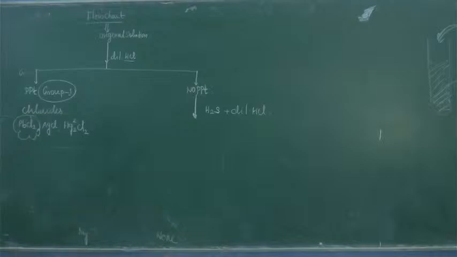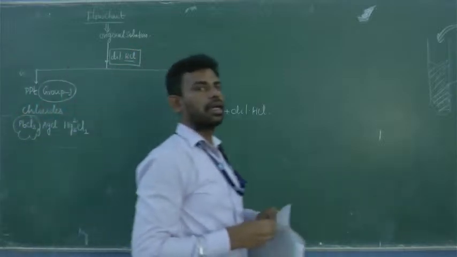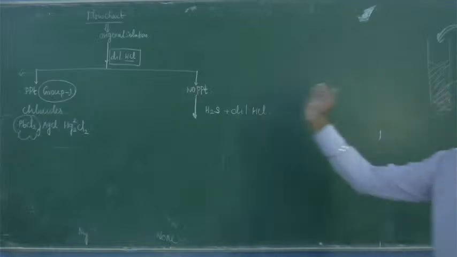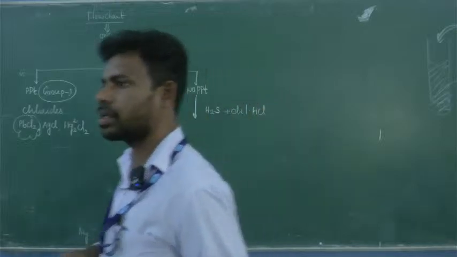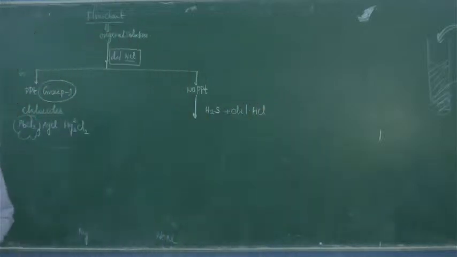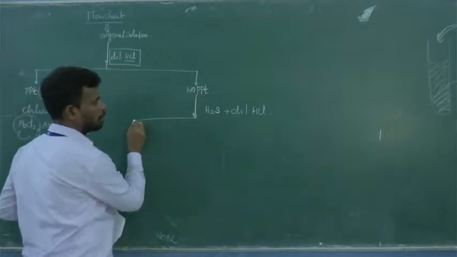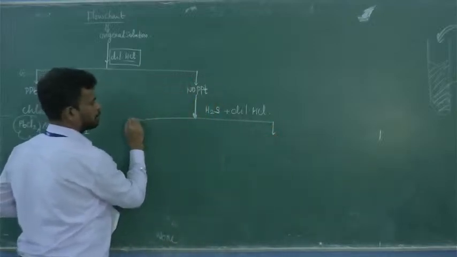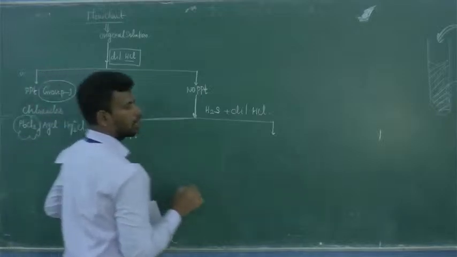Is it clear, yes or no? First look at the group reagent table. For the first group the reagent is dilute HCl. After that, the second group is dilute HCl plus H2S. Is it clear? Dilute HCl is already there, and we are talking about H2S. There are two outcomes: one has a precipitate, the other has no precipitate.